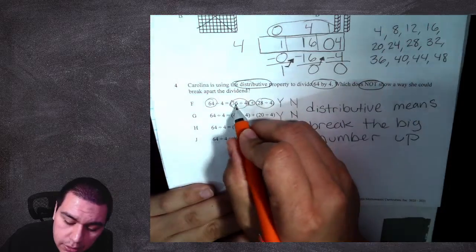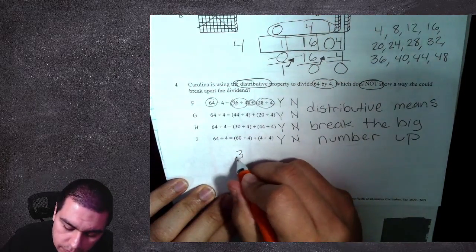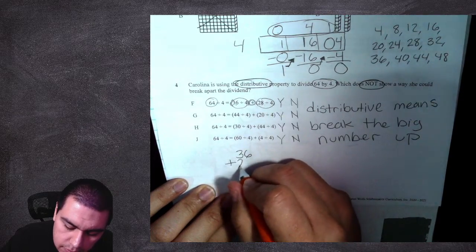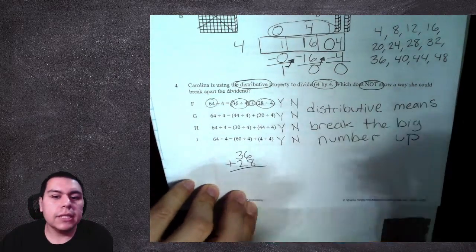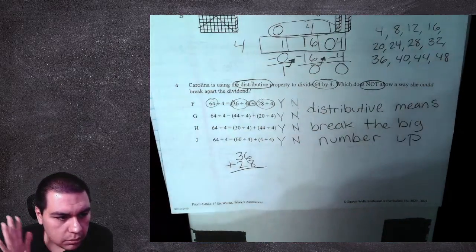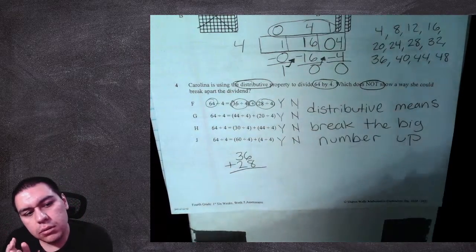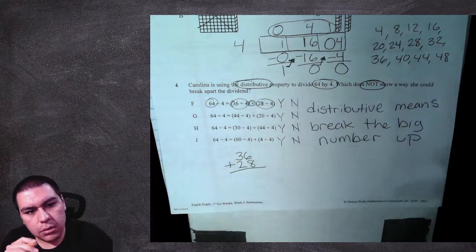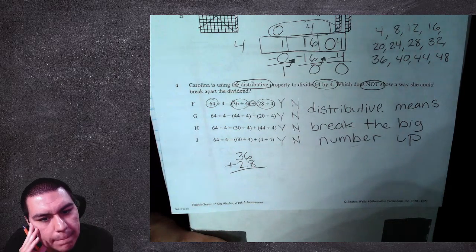So let's test it. 36 plus 28. 6 plus 8. Bailey, what is 6 plus 8? 14.